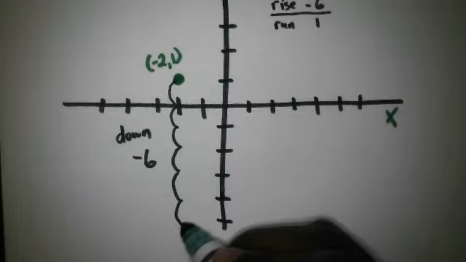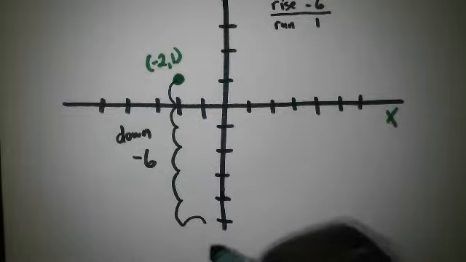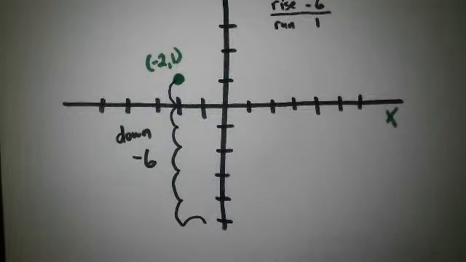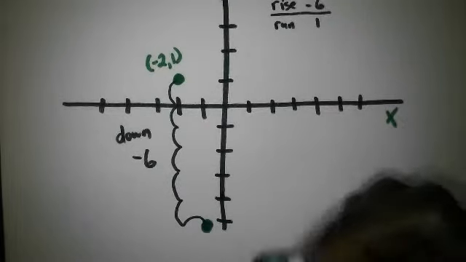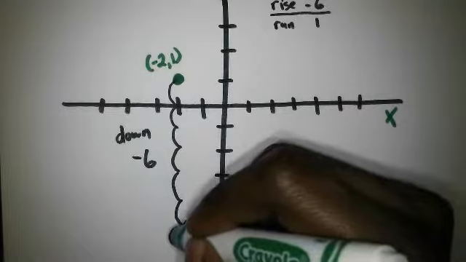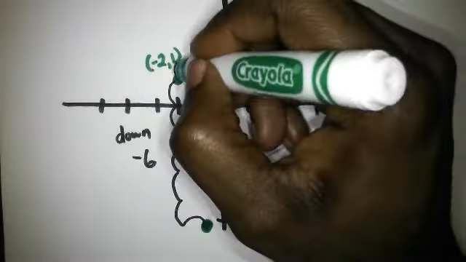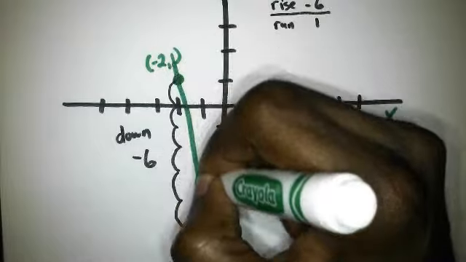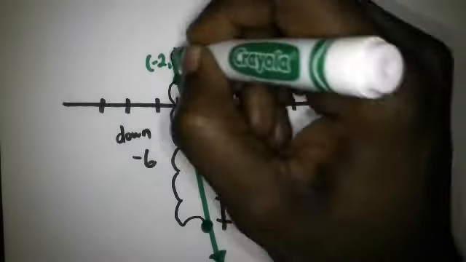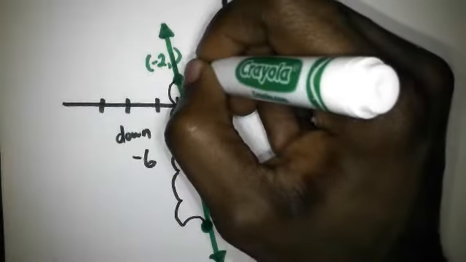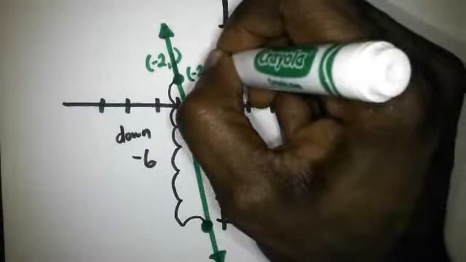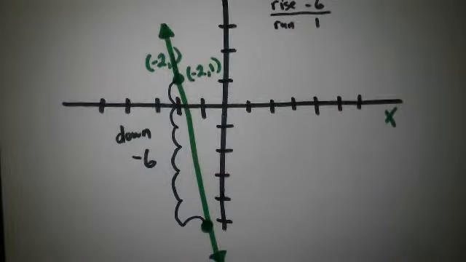My second point is here. So this is going down 6 units and to the right 1 unit. And then we just graph the line. The line should look like this. Just went through that one, but you get the gist. Let's put it on the side: -2, 1. And that's how you would graph an equation in point-slope form.